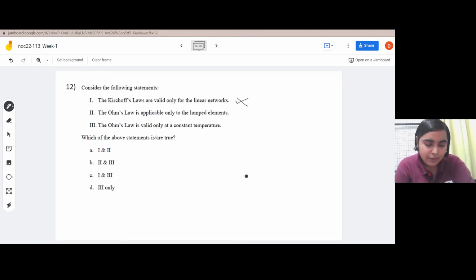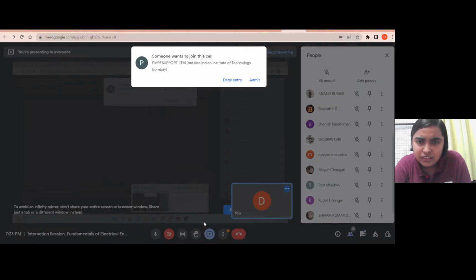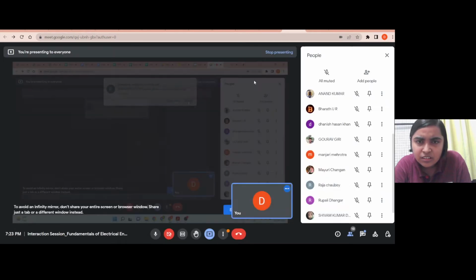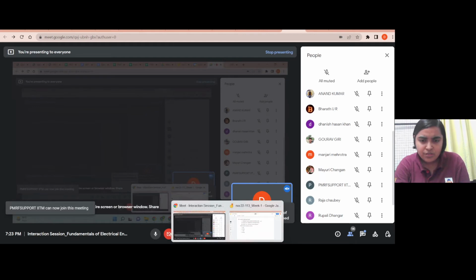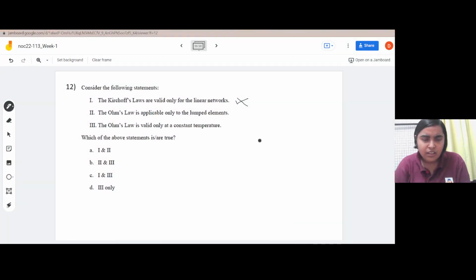So for the lumped parameters, okay, let's go back. For the second statement, when the size of the element is smaller than the wavelength applied, it is called a lumped element.